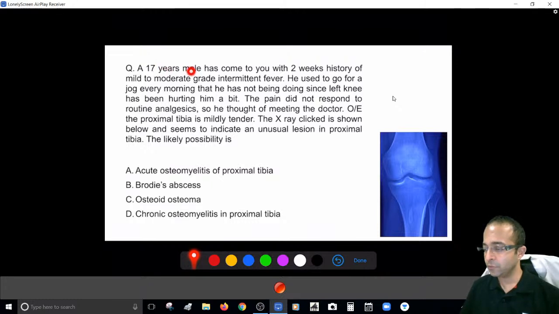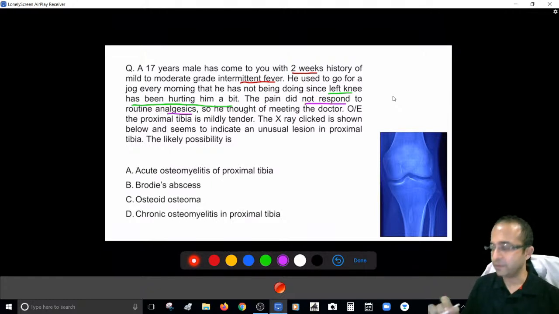A 17-year-old male has come to you. He's given you a 2-week history of mild to moderate grade intermittent fever. He says he used to go for a jog every morning, and his left knee has been hurting him a bit. There is no response to analgesic.